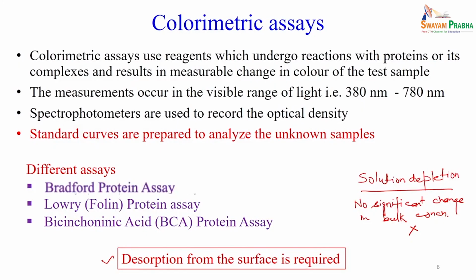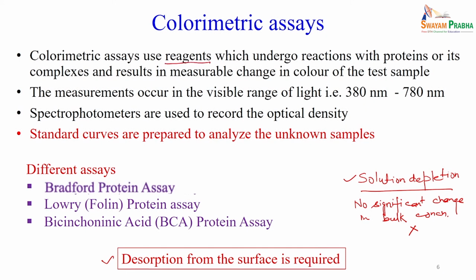So, for such cases, of course, we can analyze by the solution depletion method, but typically when we go for the surface protein interaction or the protein adsorption, the change in the bulk concentration is very less. So, we dissolve the adsorbed protein from the surface, then we go for the analysis. So, in the colorimetric method, we are adding certain reagents.